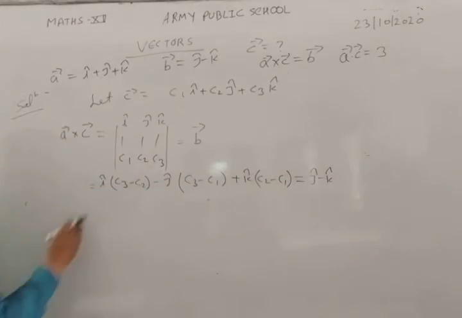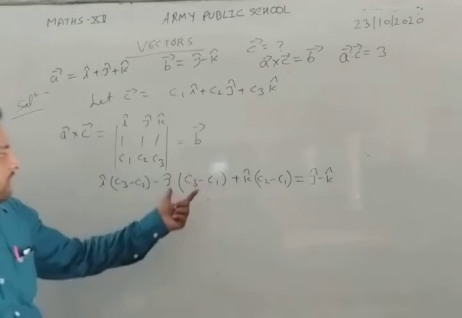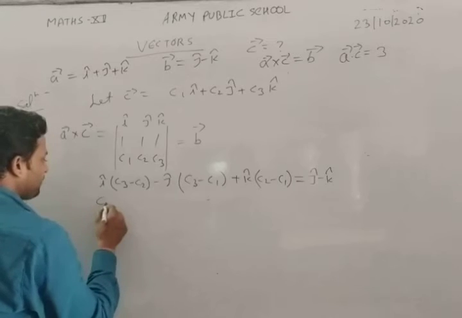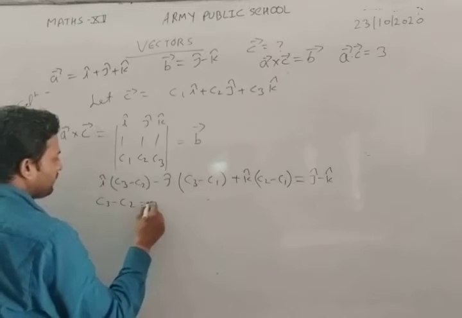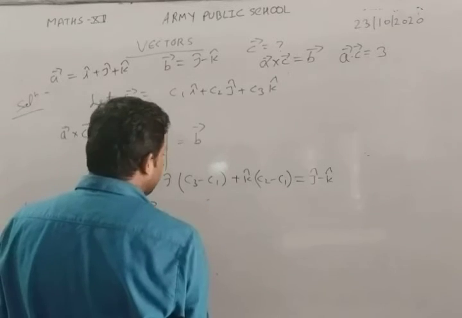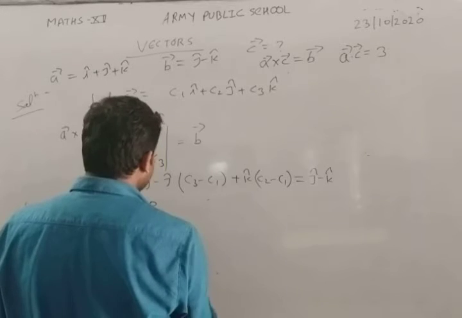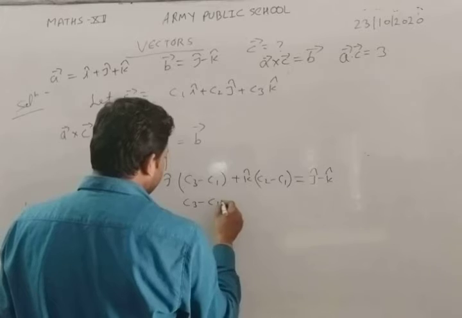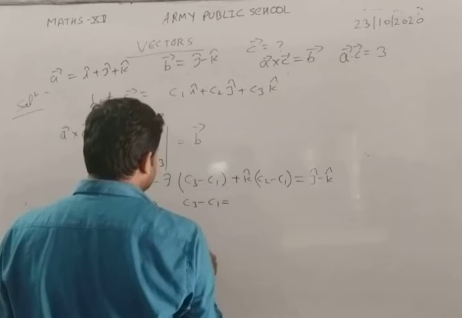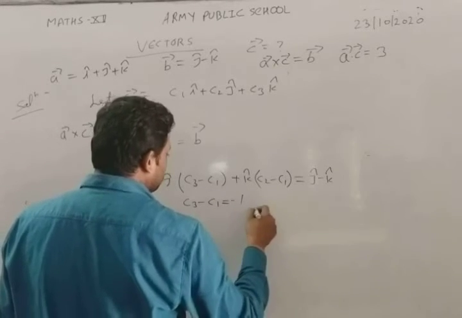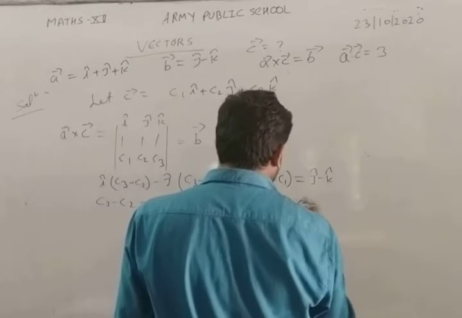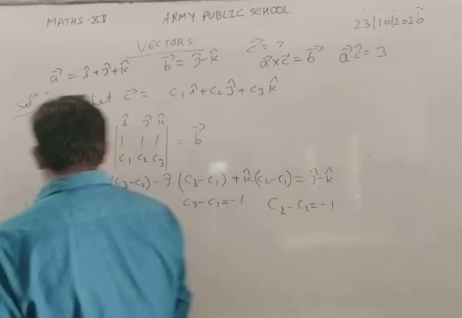Now, what will we do? We will compare both sides. We get C3 minus C2 is 0, C3 minus C1 is equal to minus 1, and C2 minus C1 is minus 1.